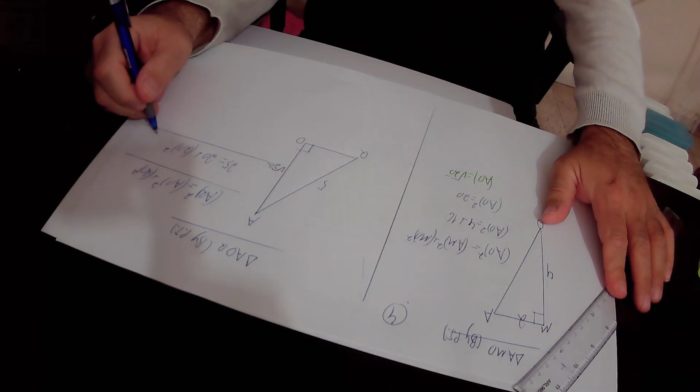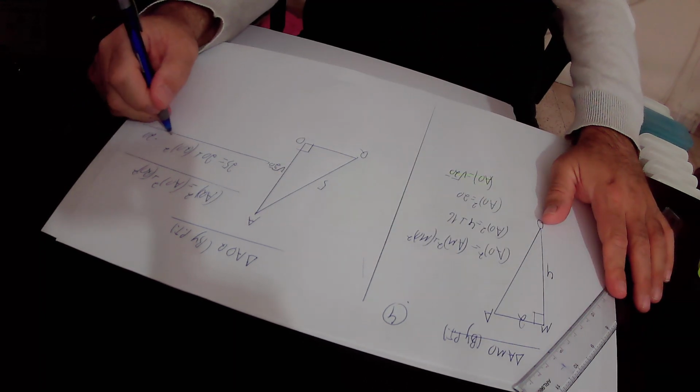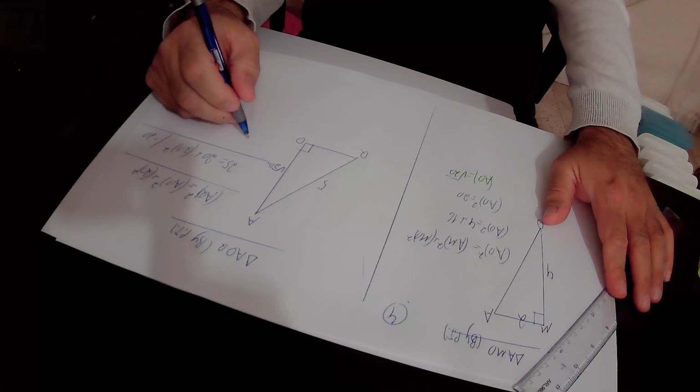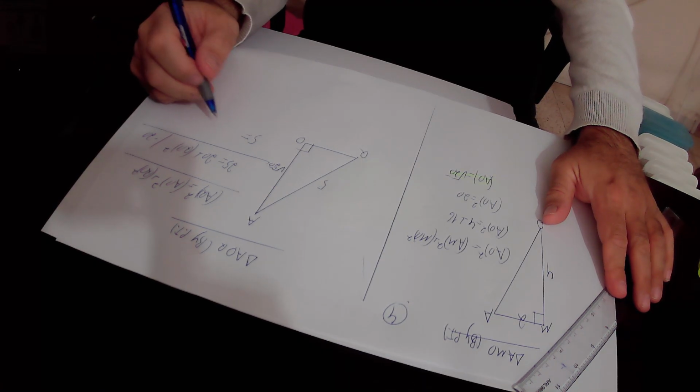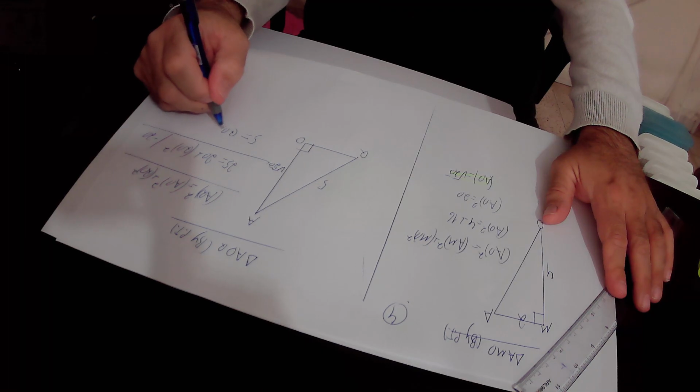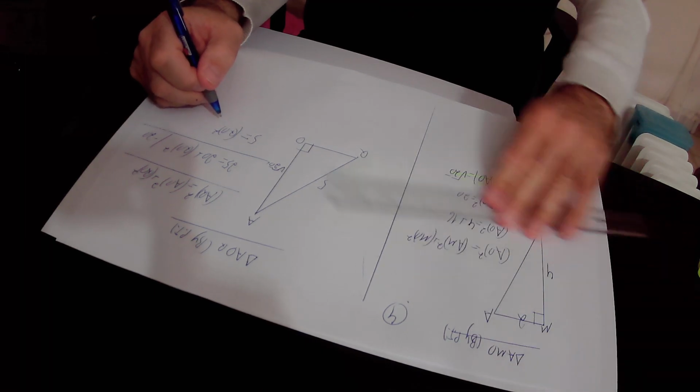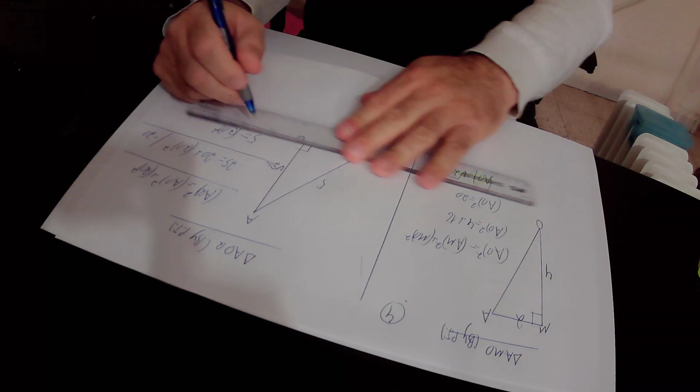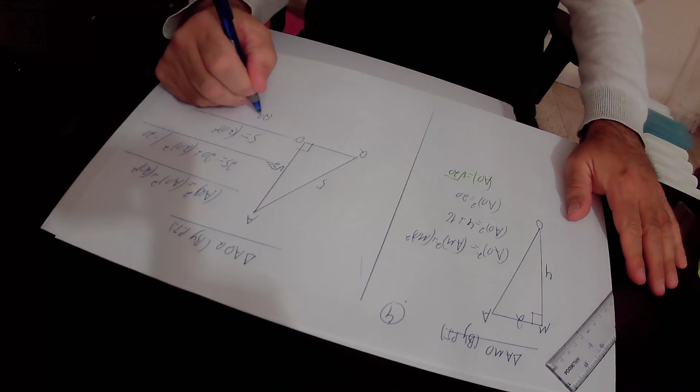Here we subtract 20 from both sides, and 25 minus 20 is 5, equal to QO squared. Taking the square root, finally we get that QO equals the square root of 5 units.